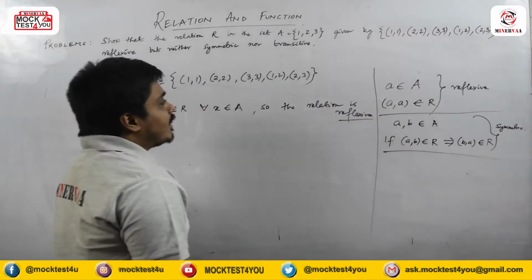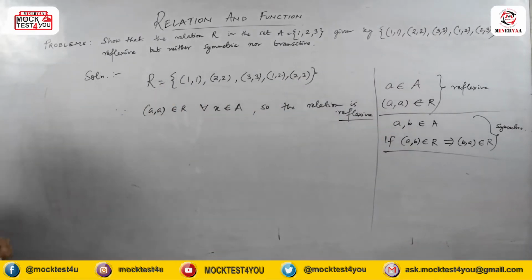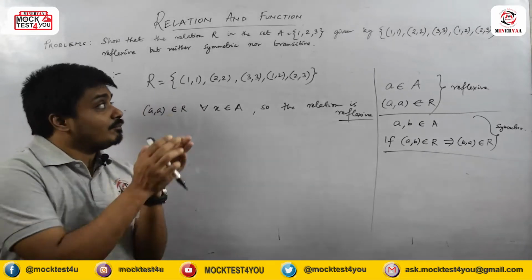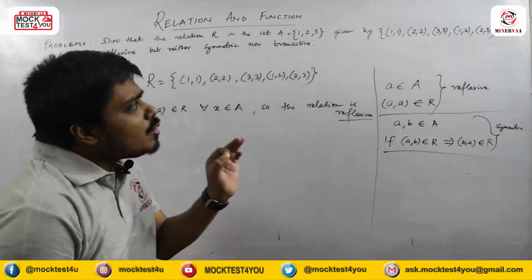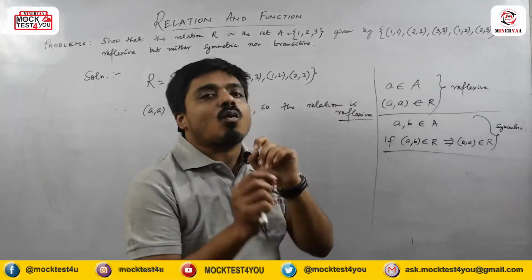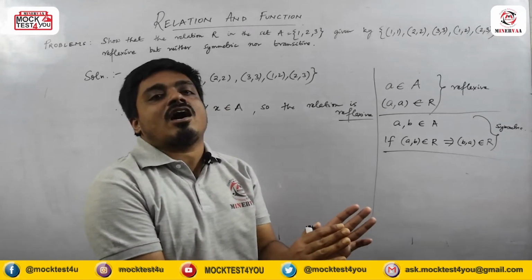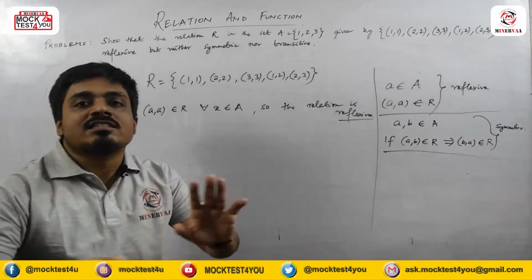Now you see whether this relation is symmetric or not. In order to prove a relation is not symmetric, all we need to do is pick one element which does not follow the criteria of symmetric, and the whole system will fall.